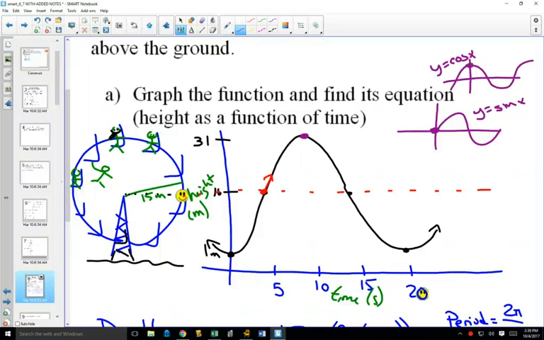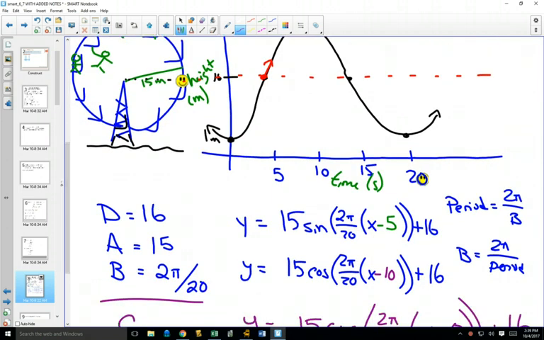And so that's the key point that we're looking for when we're looking for our starting point. If a sine graph normally starts in the middle going up, well, that happens here 5 to the right. So then we know that our phase shift is a horizontal translation 5 to the right. How does that show up in an equation? That shows up as a -5.